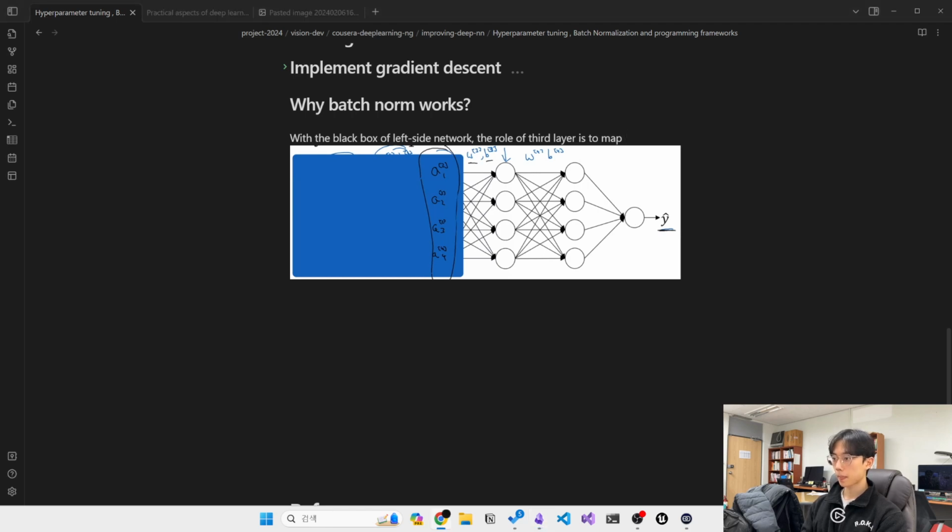And so it's suffering from the problem of covariate shift, while its job is to take these values and find a way to map them to y hat.